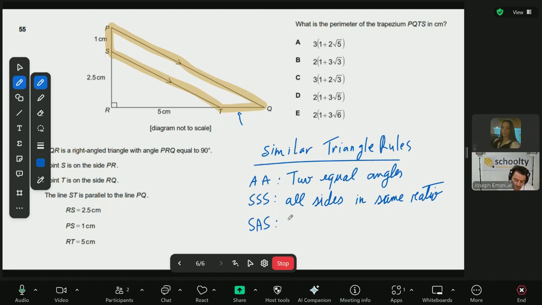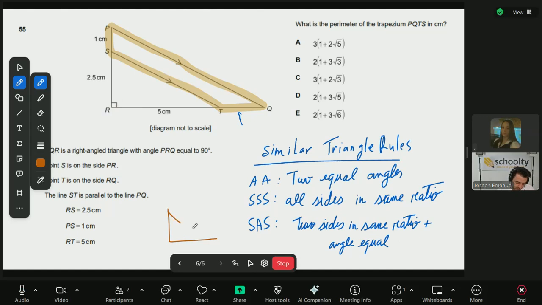And SAS, which is side angle side. So you have two sides in the same ratio, and the angle in between is equal. So what situation do we have here? We have two triangles.